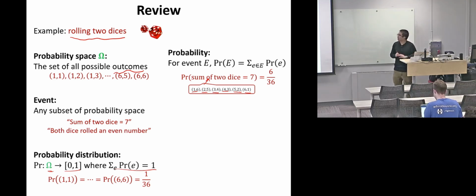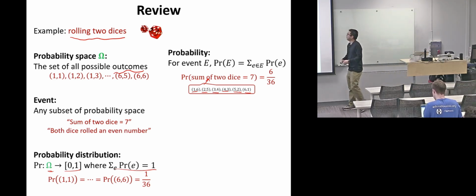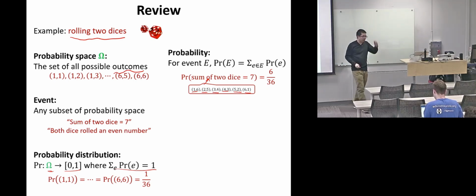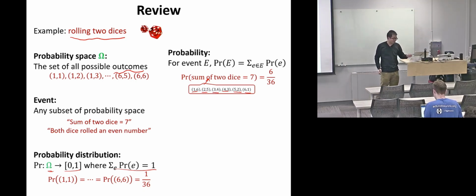And each of the outcomes happens with probability 1/36. So there are 6 outcomes here, so it sums to 6/36.